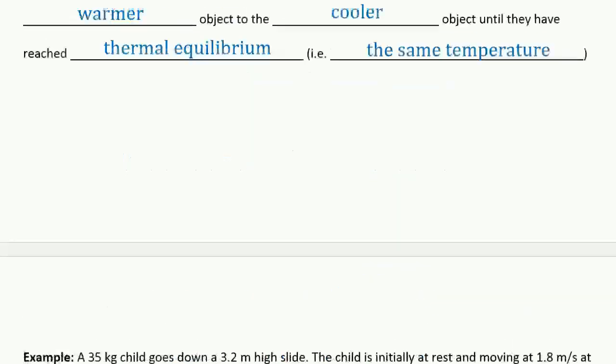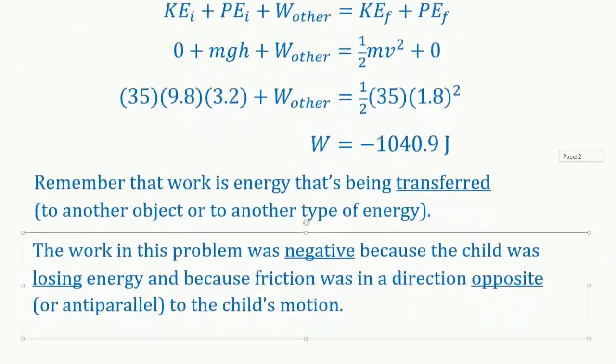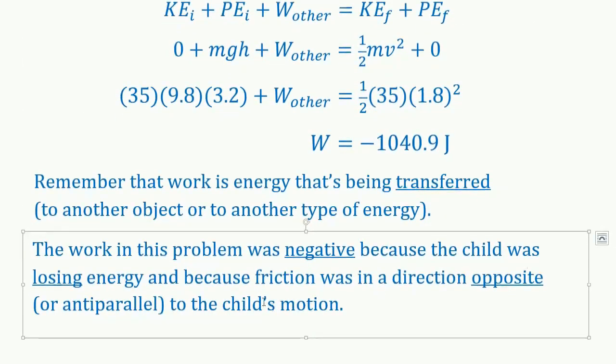The work in this problem is negative because the child was losing energy and because friction was in a direction opposite to the child's motion. Remember that when the force and the distance are anti-parallel, work is negative.